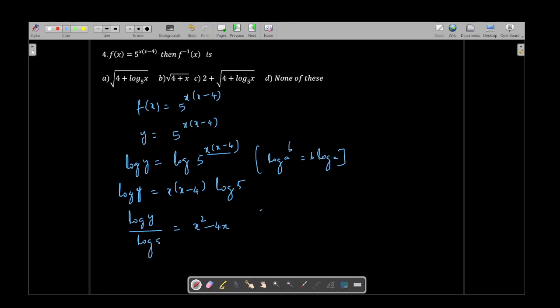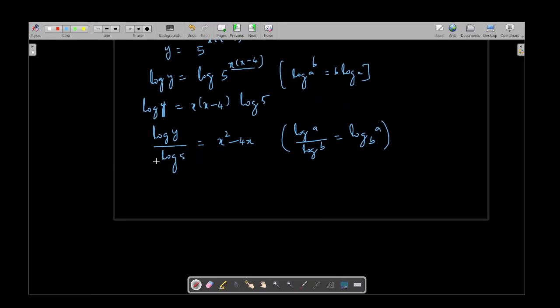And we know log a divided by log b is always log a to the base b. So I'll apply this property: log y to the base 5 is equal to x square minus 4x.